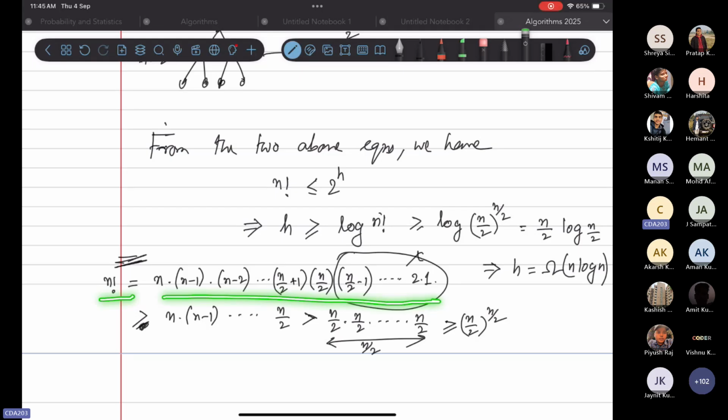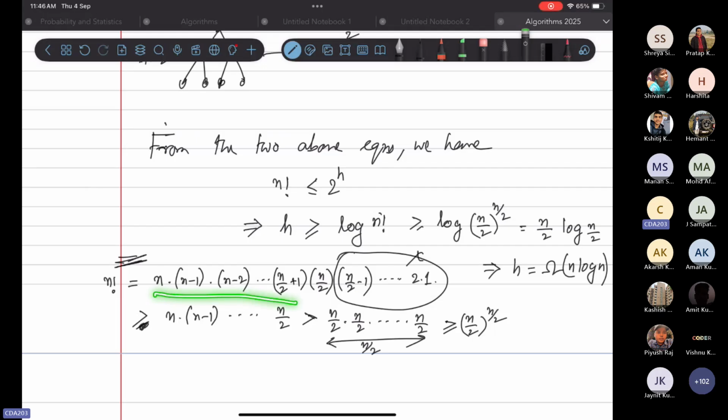This is the factorial formula. What I have done, this part I have thrown away. So this factorial n is bigger than this quantity up to this portion, right? This is n minus 1, and the smallest of them is n by 2. I'm replacing all of these previous terms by n by 2. And how many terms do I have? In total, I have n terms.